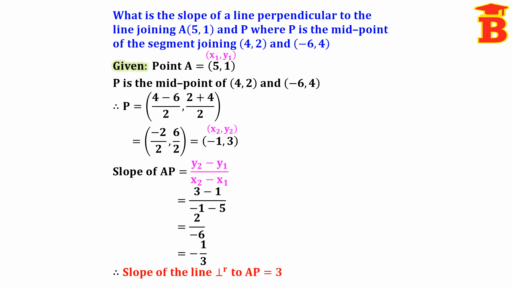Therefore, the slope of the line perpendicular to AP is take reciprocal, reciprocal of 1 by 3 is 3. And also change the sign. This minus we have to change it into plus. So the answer is 3.